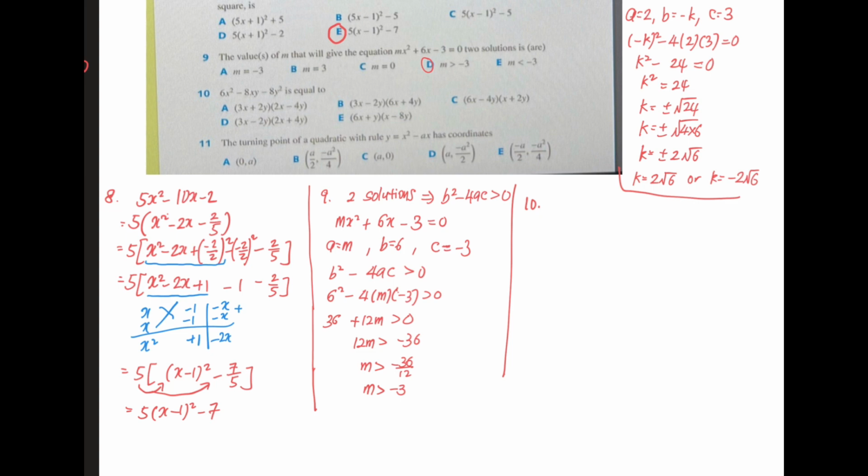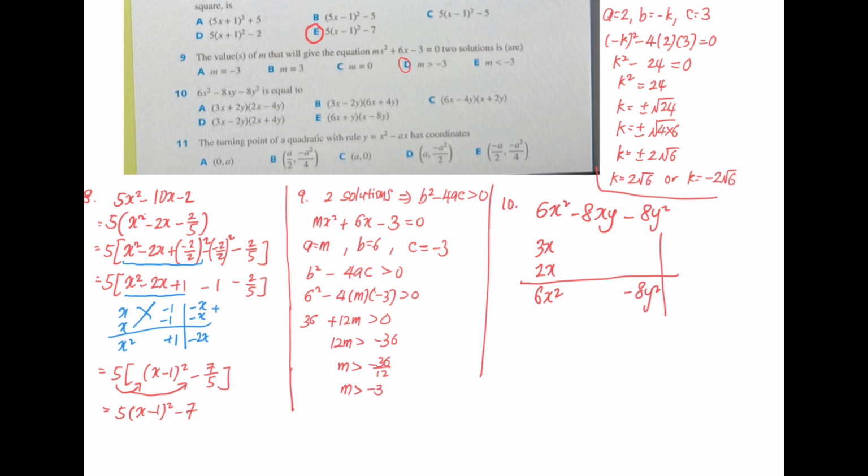Okay, then question 10. 6x squared minus 8xy minus 8y squared is equal to, okay, we have to factorize. So let's see how we factorize this. This is where we have x and y in the equation. So I will think of 3x times 2x is 6x squared, and then I put it like this.